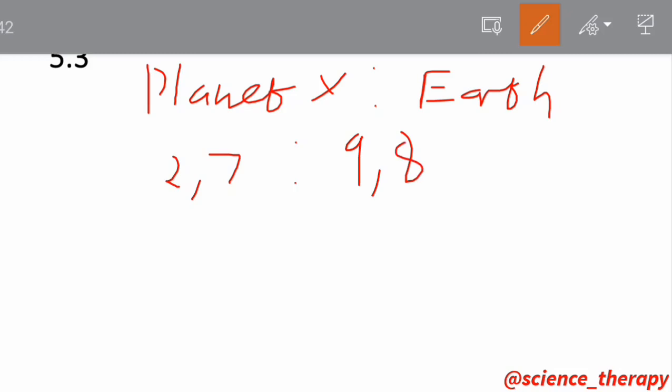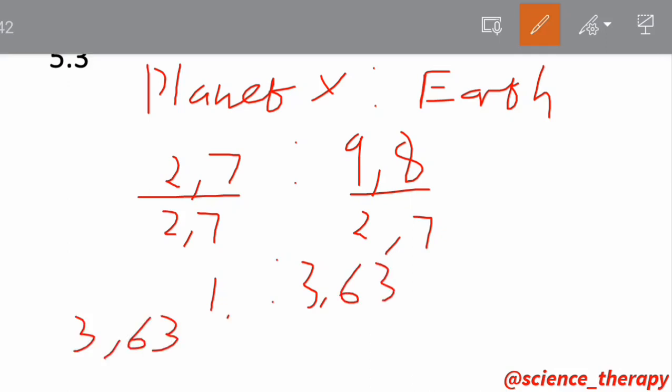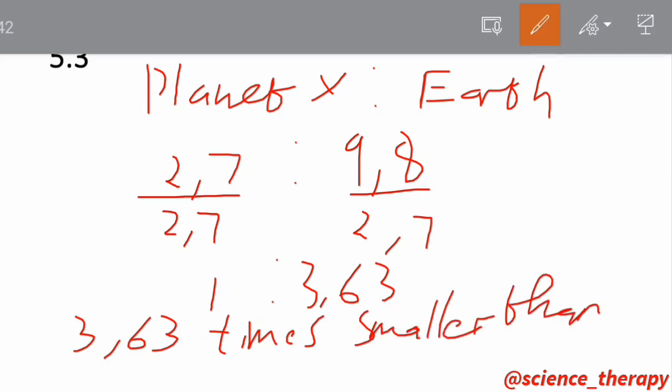So in order to get by what scale factor it differs, we can just divide both sides by 2.7. Then we have 1 is to 3.63. So put that in your calculator: 3.63. Planet X is 3.63 times smaller than planet Earth, right?